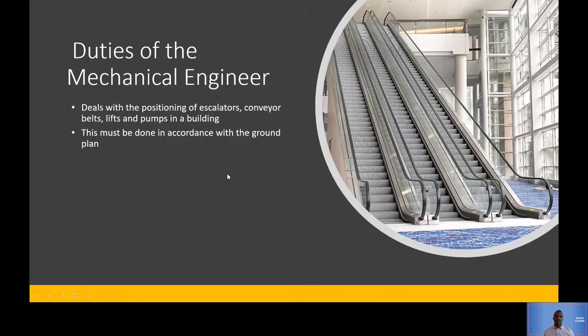Mechanical engineers, now they design the positioning of escalators, the conveyor belts, the lifts, the pumps in the building, all the mechanical stuff, whether they have electricity or not, but they design those mechanical things. This must be done in accordance with the ground plan. So obviously the architect would design that here I want an escalator. It is now the mechanical engineer who will design the actual escalator.